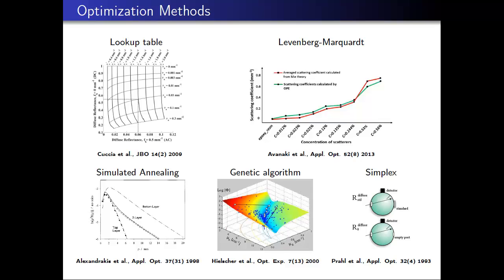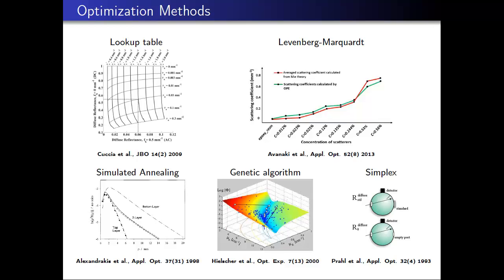Simulated annealing: Alexandrakis used a two-layer SDA solution and simulated annealing to determine the optical properties, mu a and mu s prime, of both layers and the layer thickness. Hilscher used a genetic algorithm to find the optical properties and actually compared it against a Levenberg-Marquardt and found that the genetic worked for his particular measurements.